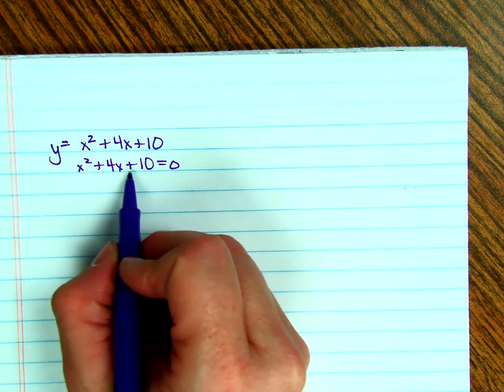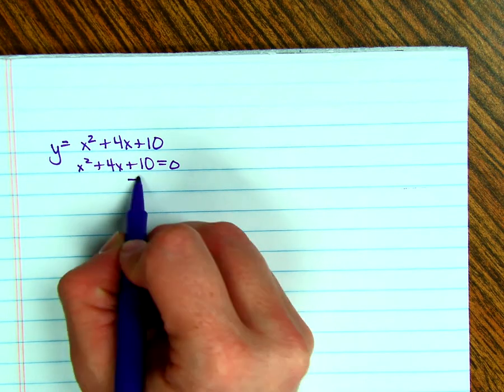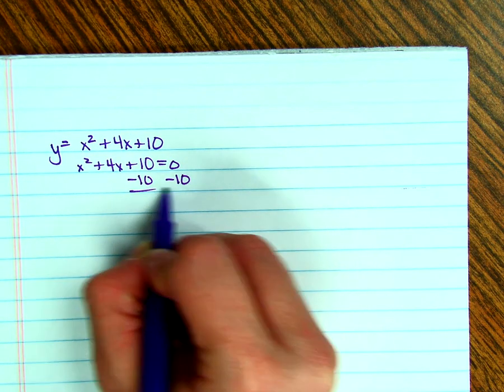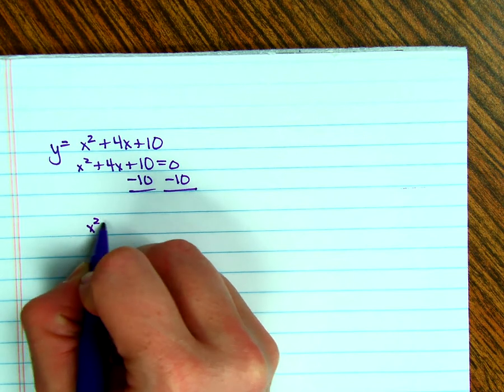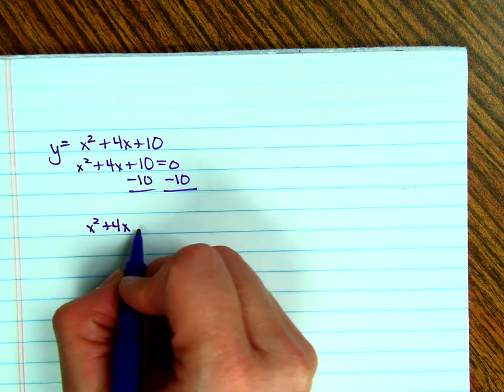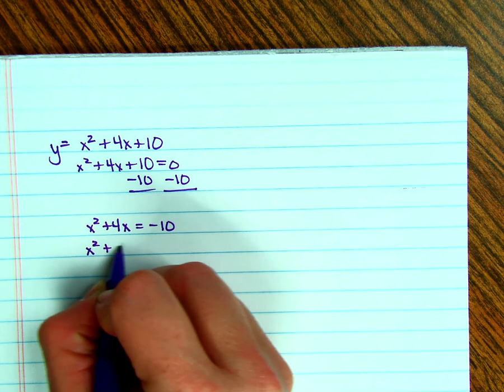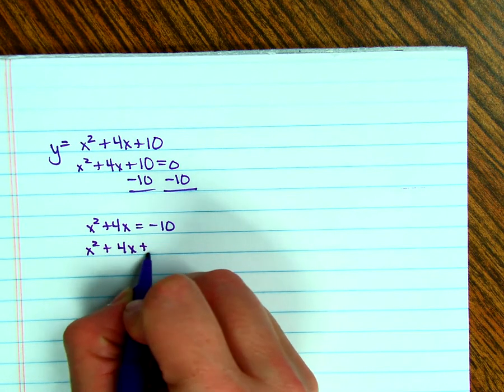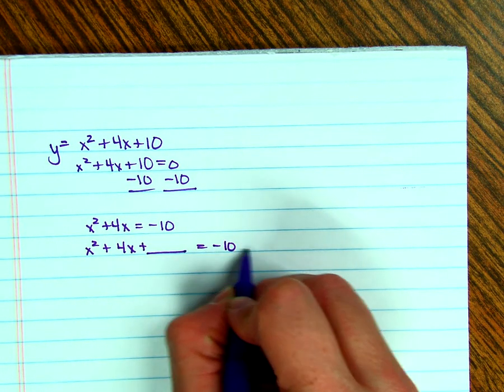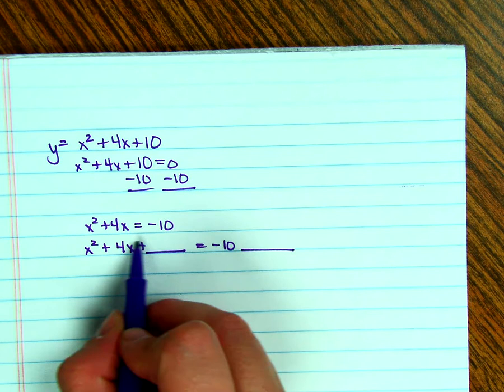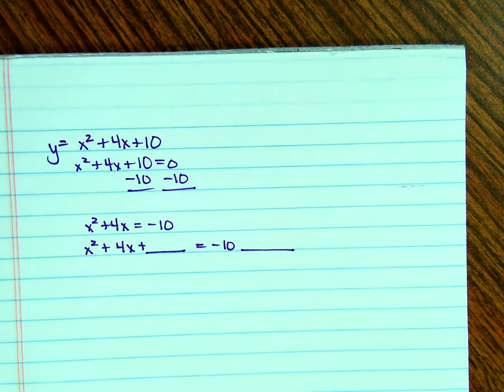We are going to get rid of the c by subtracting 10 on both sides. x squared plus 4x now equals negative 10. This is where you figure out what you have to add to both sides that's going to make this a perfect trinomial square.